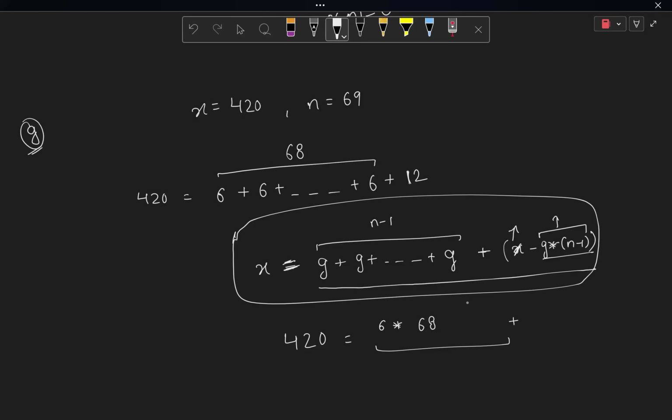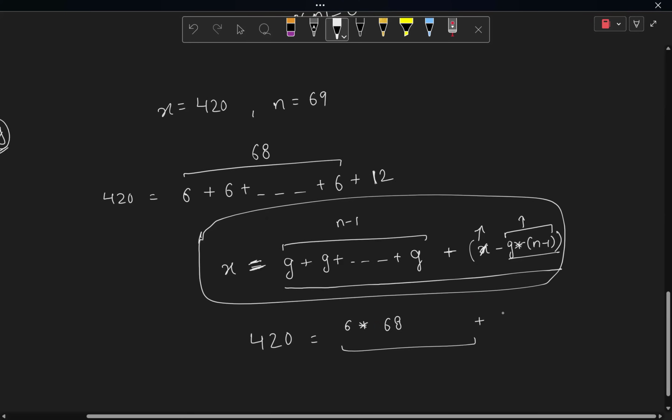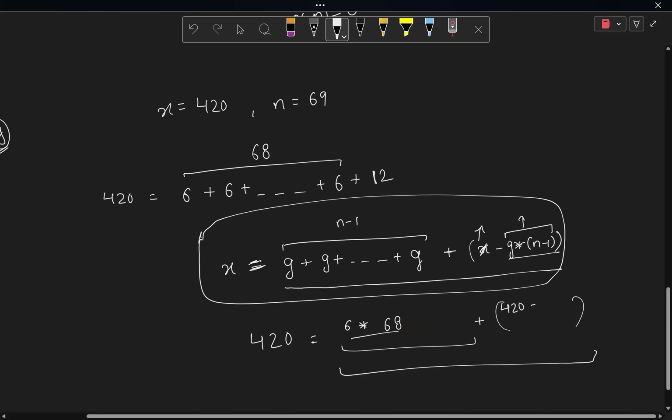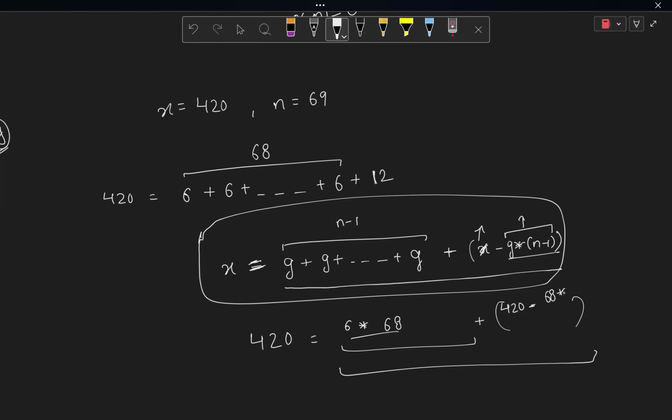That would be 408. Whatever it is, at the end of the day, the last element should be nothing but 420 minus this amount. Only then the RHS would have the sum equal to 420. You know? Yes. Yeah, that's what I was writing here.